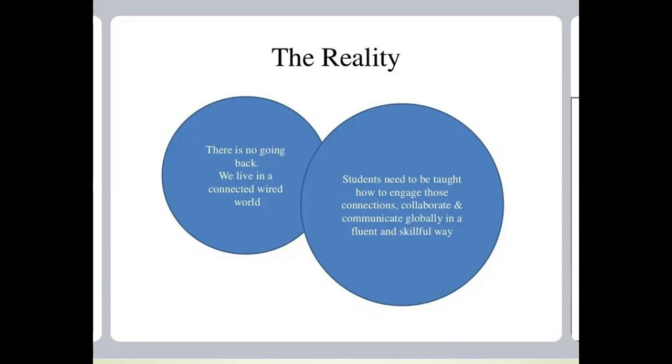For that matter, our learners need to be taught how they can also collaborate and communicate globally in a fluent and skillful way. Skillful means we are giving them the necessary skills to be productive, not skills of using ICT for dubious purposes and other vices. So that's the reality you and I are facing: we cannot afford to go back.